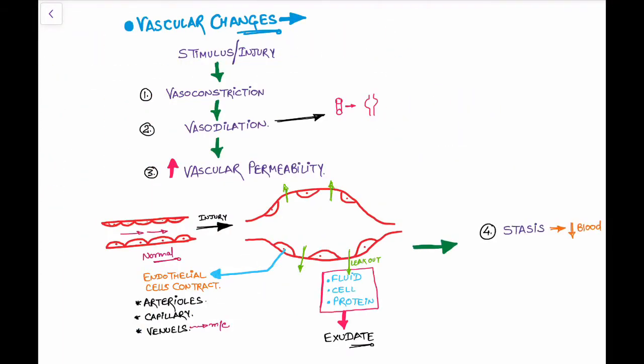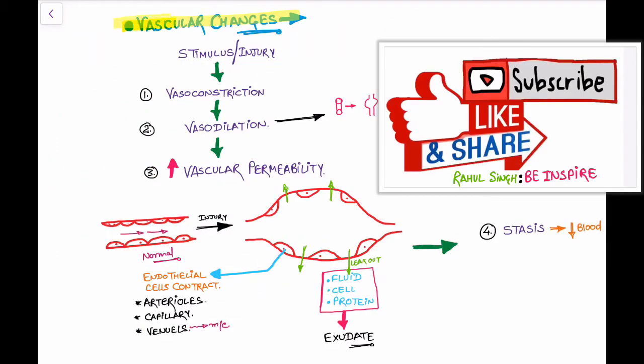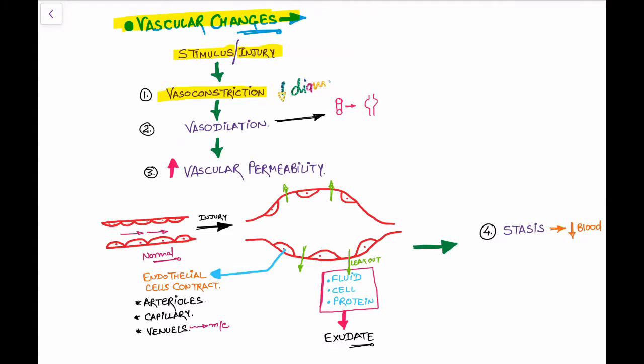So friends, in vascular change, whenever any kind of stimulus or any kind of injury or any kind of cell damage occurs, the first change in the blood vessels is going to be vasoconstriction, means they will decrease the diameter of vessels. After that, some chemicals associated with blood vessels are going to be released, and they will cause vasodilation.